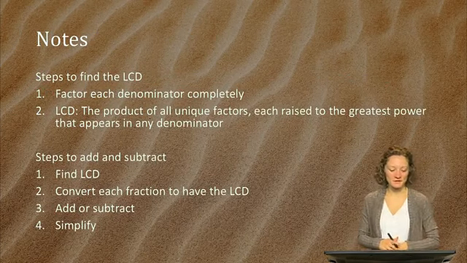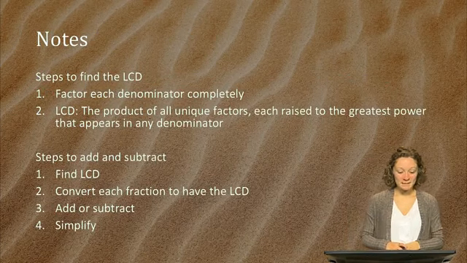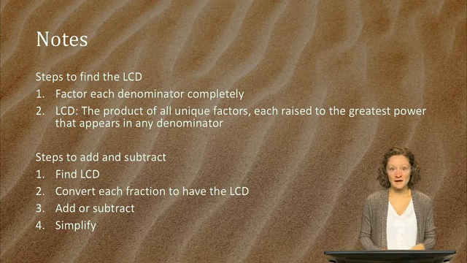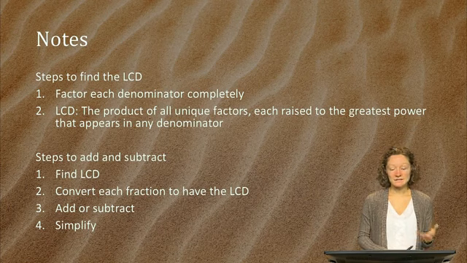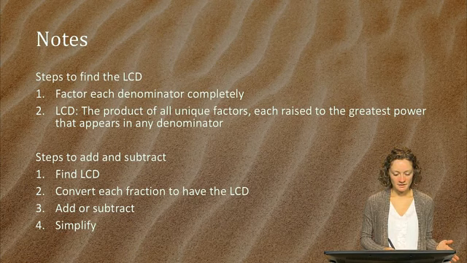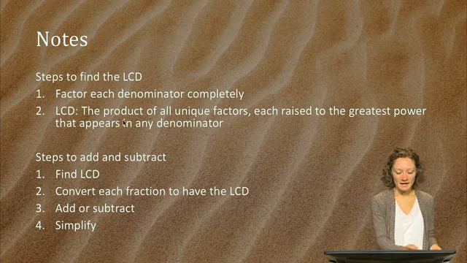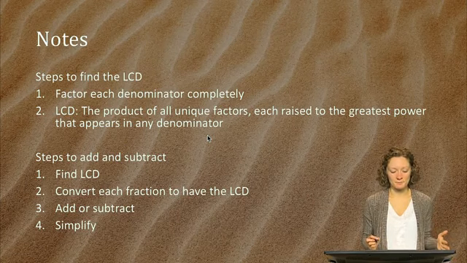Okay, our notes for this section. The steps to finding a least common denominator are to first factor each denominator completely. And the second step really is just then identifying what the least common denominator is. This step is kind of clunky, but every piece is necessary for it to make sense.